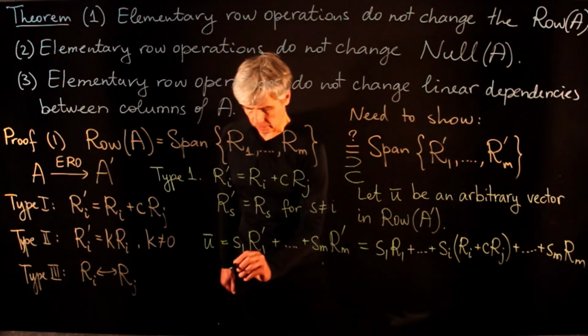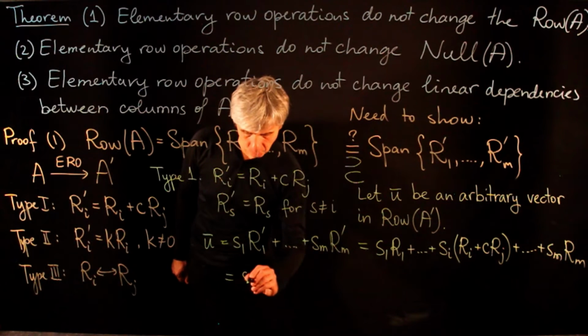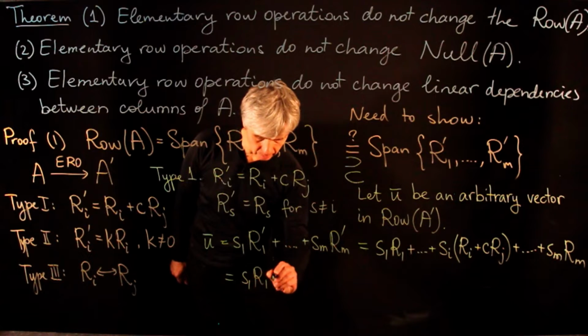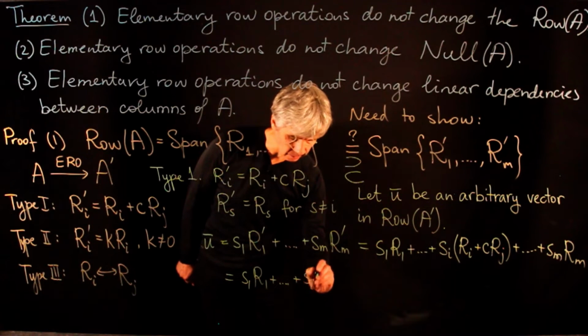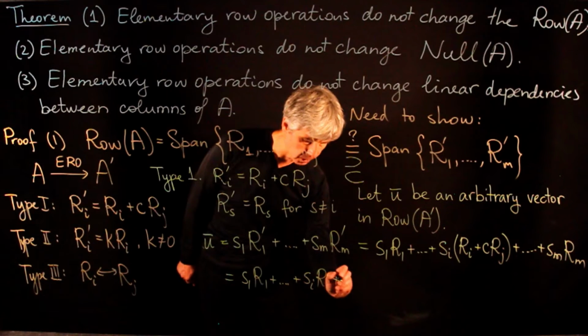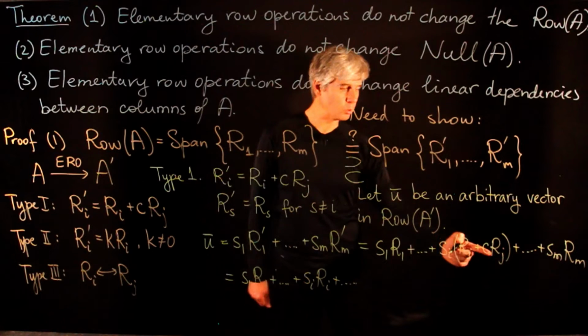Now, so then this can be written as S1 times row 1 plus dot dot dot, so Si times row i plus dot dot dot, and the contribution of row j, so we'll have two terms.